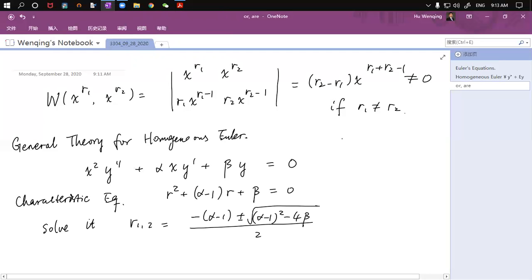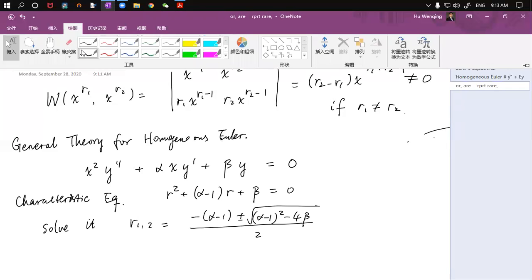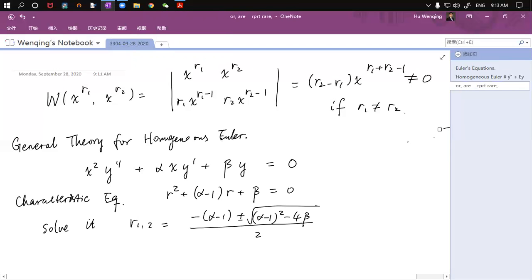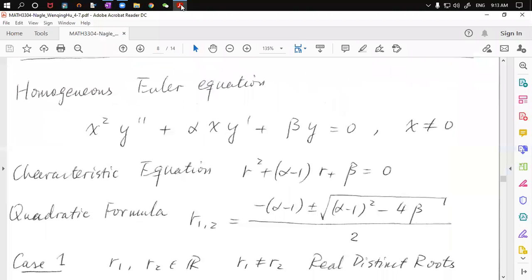And then you have to discuss different cases, right? You have to discuss the different cases that might lead to different solutions. So what are these cases? Well, there are actually several cases.